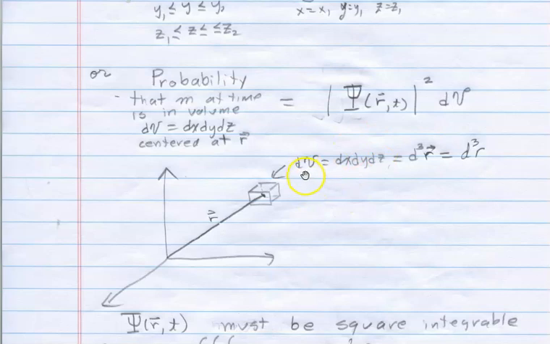I snuck in some additional notation that I think is pretty standard. dv is the volume element, and in Cartesian it is dx, dy, dz. But this allows us in this form to use any coordinate system that we like. If it's Cartesian, I've got this expression.